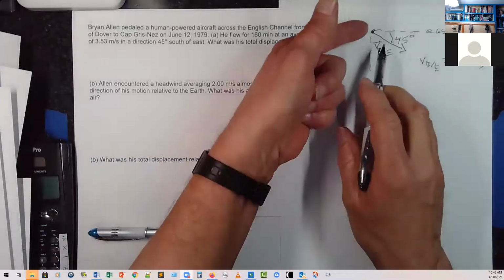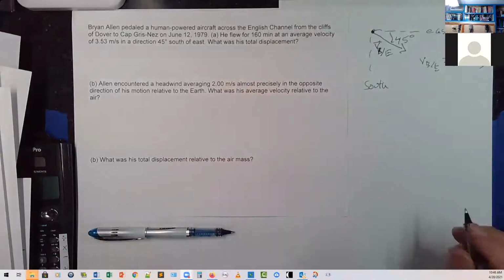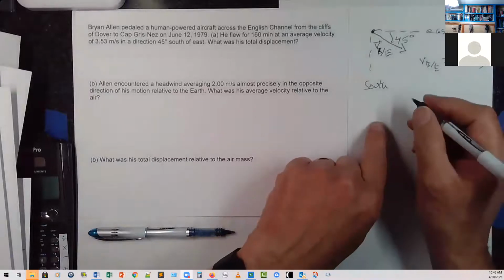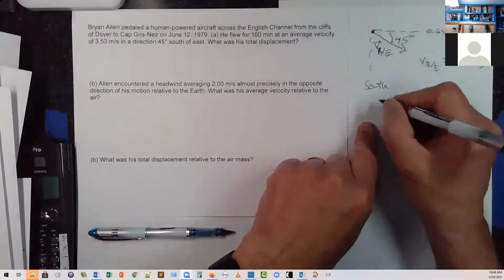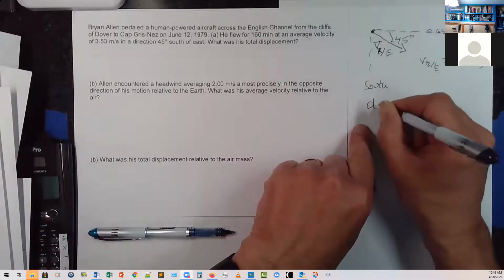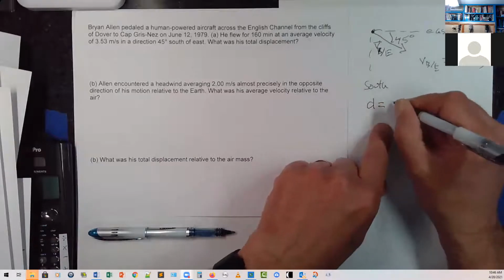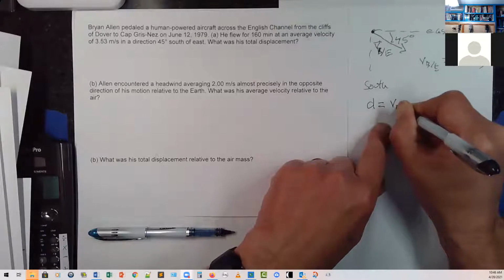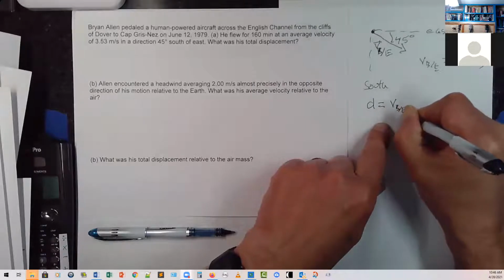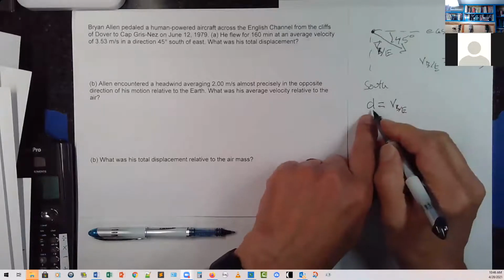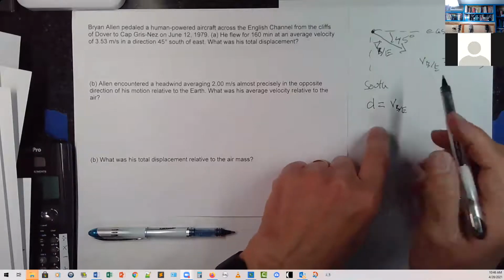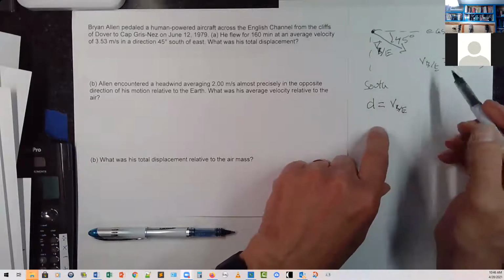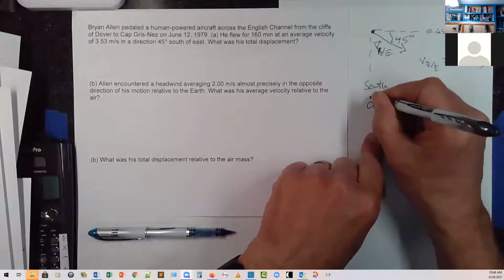Well, if he's going in the same direction all the time, I can figure out the magnitude of his displacement. The distance that he would travel during that time is just going to be his magnitude. This has no arrow on it, but if I tag on something, actually I could do this.